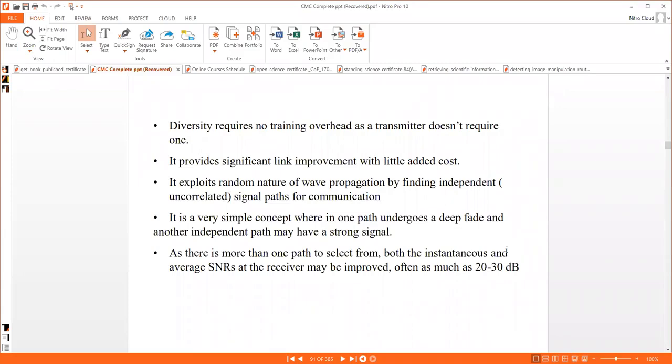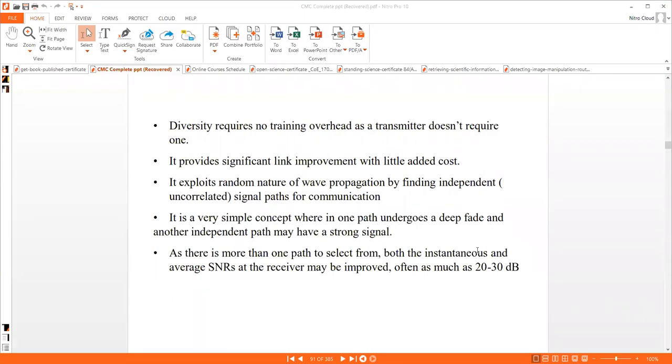It is going to exploit the random nature of wave propagation by finding independent signal paths for communication. Independent paths mean these signal paths are not at all related to each other. There is no dependence of one path on the other.